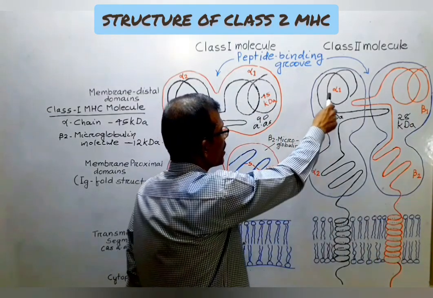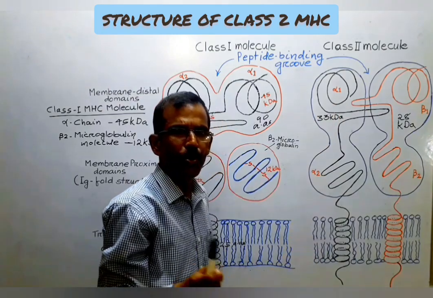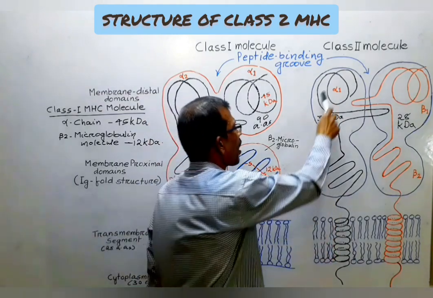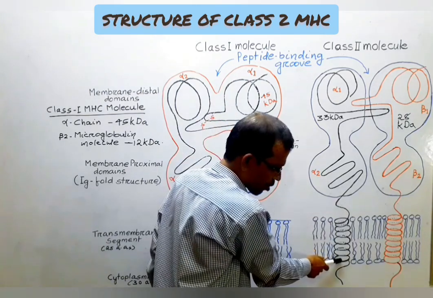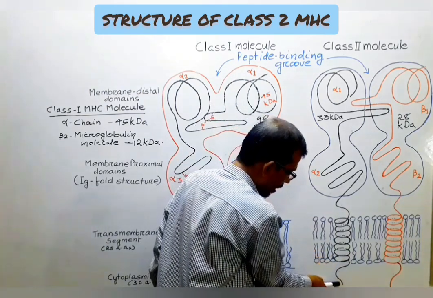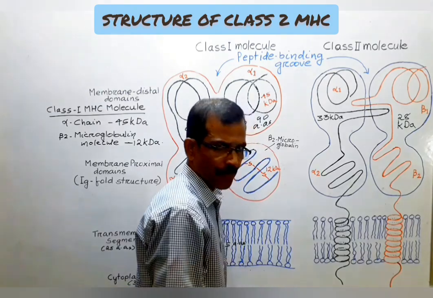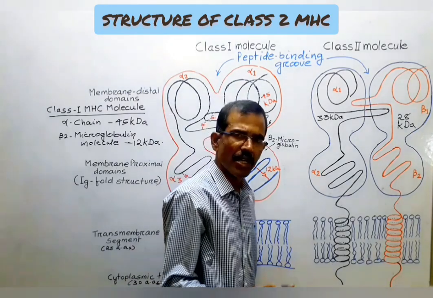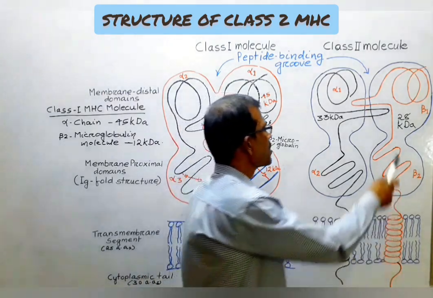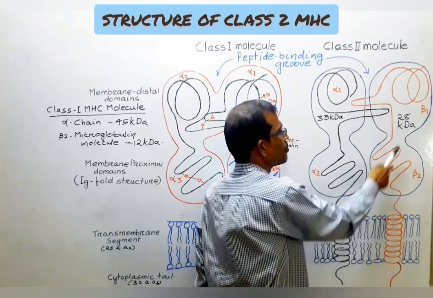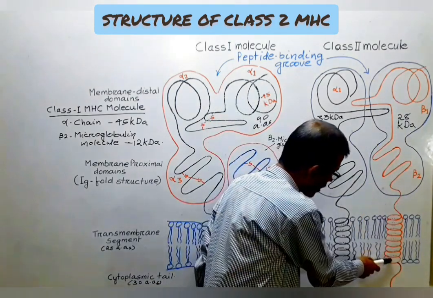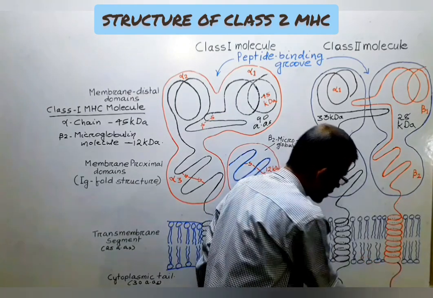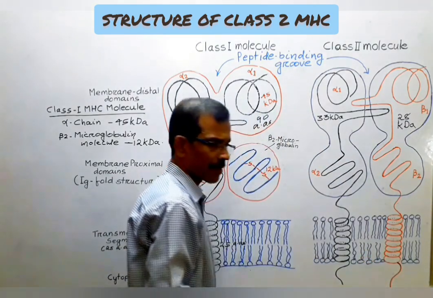The alpha chain is organized into two external domains, alpha 1 and alpha 2, a transmembrane domain and a cytoplasmic anchor segment. Similarly, the beta chain is also organized into two external domains, beta 1 and beta 2, a transmembrane domain and a cytoplasmic anchor segment.